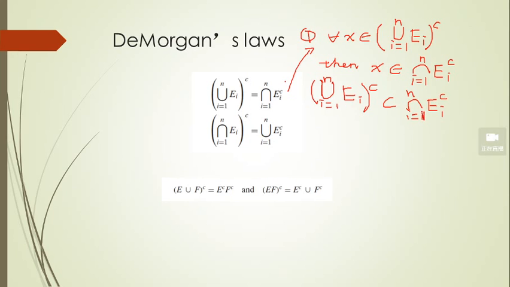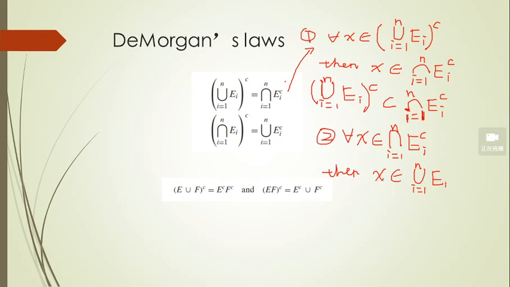Then the second part: you choose any x again, or any other notation, any y, it doesn't matter. You choose any x from the right side, the intersection of the Ei's complement, then you can prove this x belongs to the left side, which is the union of all the n events, then take the complement.